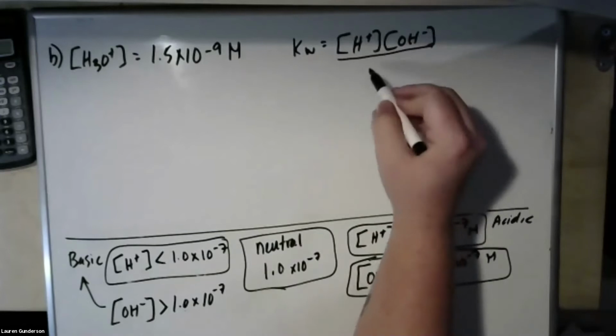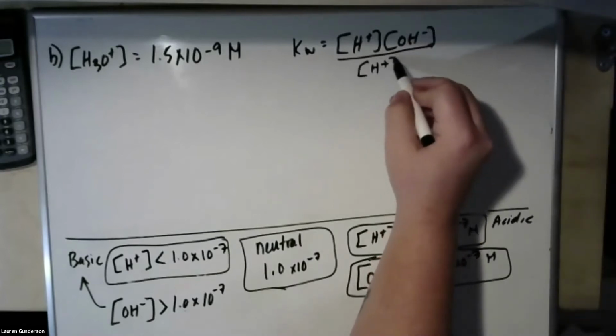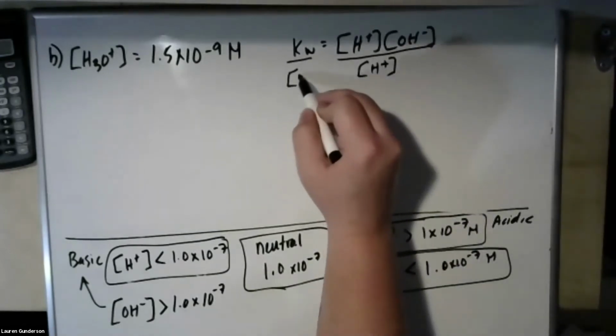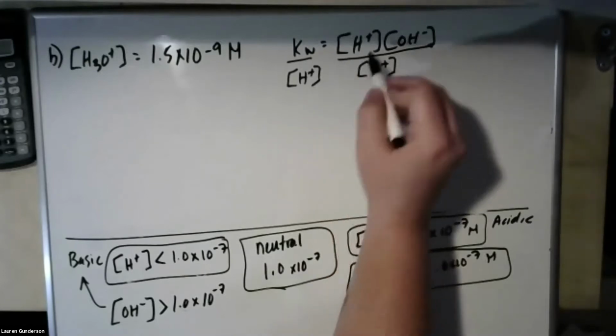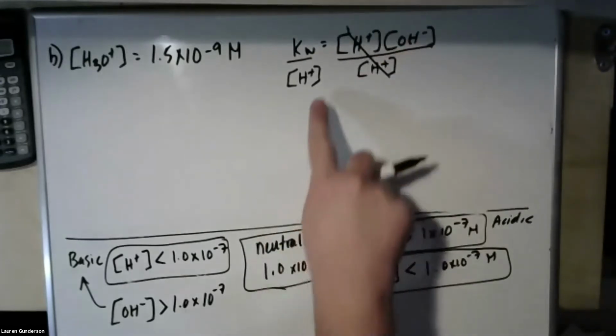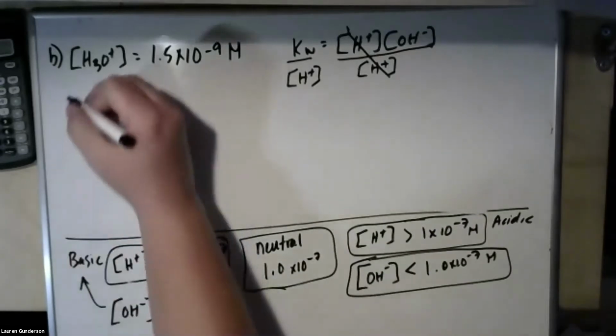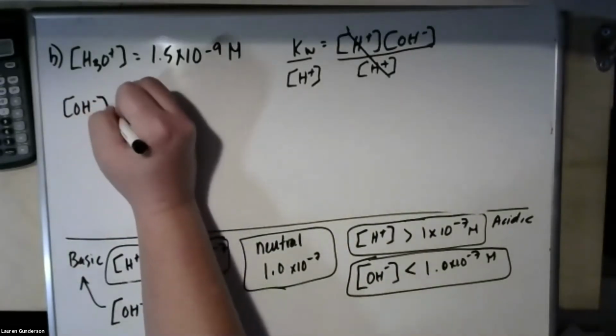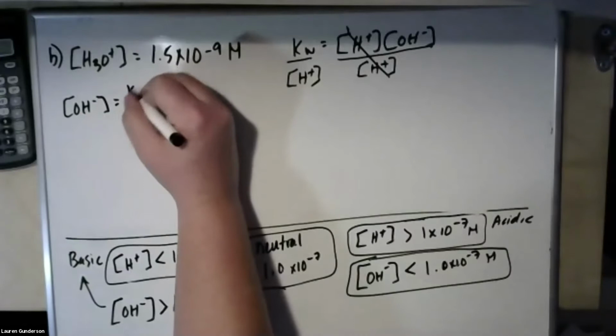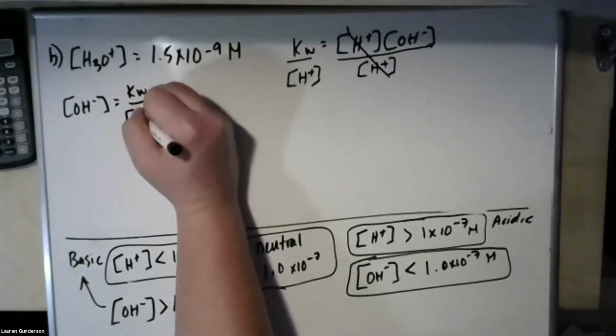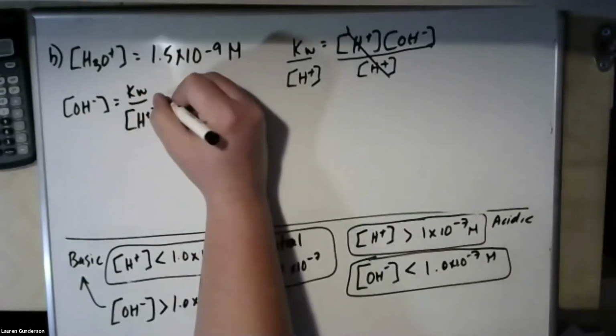So again, we're going to solve out and isolate that hydroxide ion, and that's going to give us the formula that we use. So to find OH minus, we'll take our Kw and divide it by our hydrogen ion concentration.